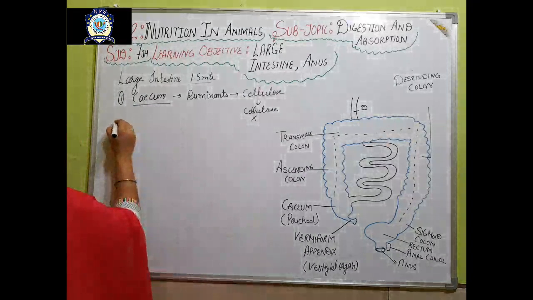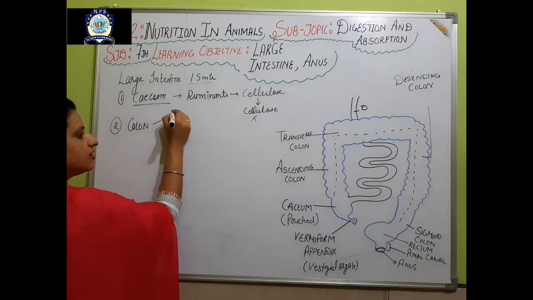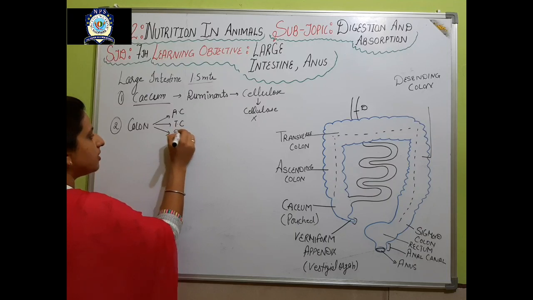Now the next main part of the large intestine is the colon, and the colon is divided into four parts: ascending colon, transverse colon, descending colon, and sigmoid colon.